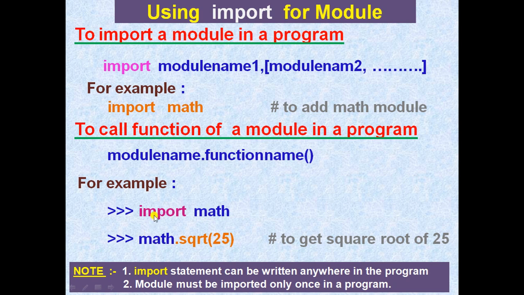See the example here: import math, and if you want to use the square root function of math, then you write math.sqrt, and whatever value you want to evaluate, you can give that value. But to use this sqrt function, you have to precede it with its module name. This is the way in which import can be used.